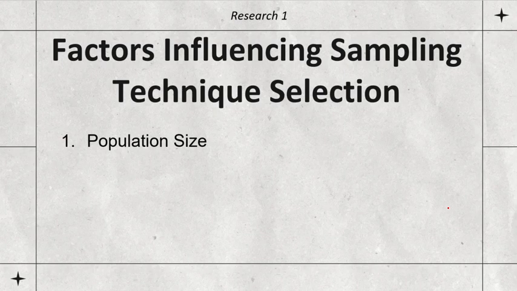For example, if your population is the community of a certain barangay, that will be considered a large population. And if you only have the room attendants of certain resorts, that will be considered a small population size. So these are examples of factors that influence our selection of sampling techniques.